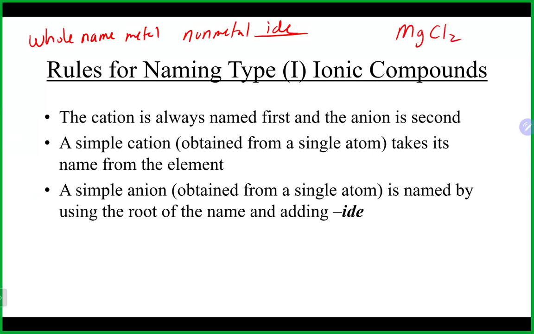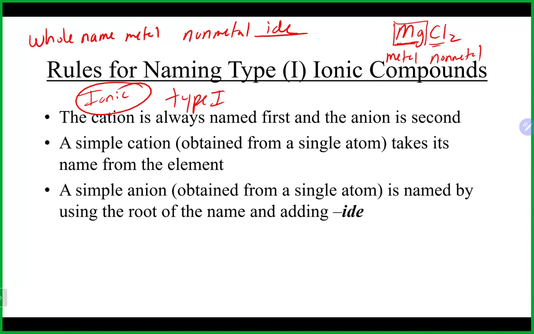I look at this and I first see that is a metal and that is a non-metal. So this is ionic. Once I see a metal is present, I want to look at the metal. On the periodic table, that metal is in group 2, which means it has a fixed positive charge of +2, and that means this is a type 1 compound.